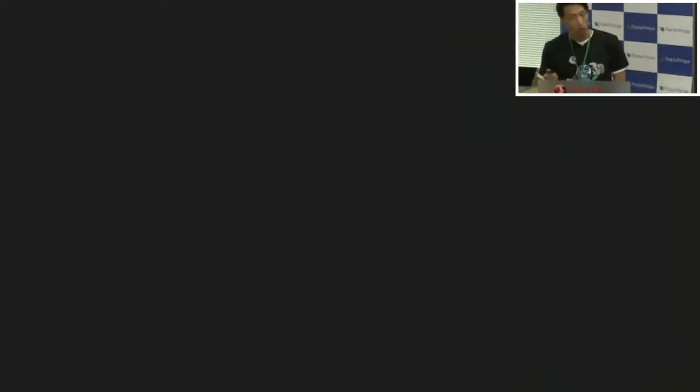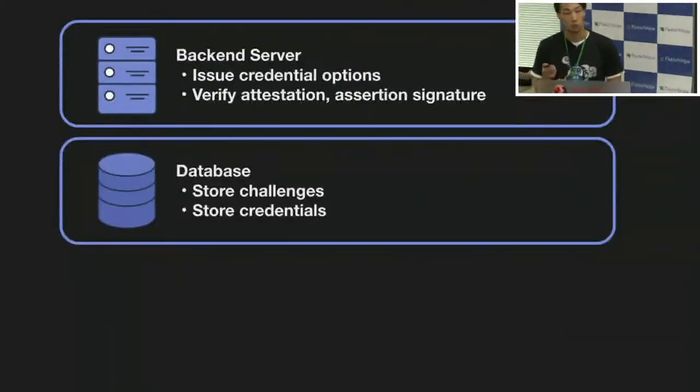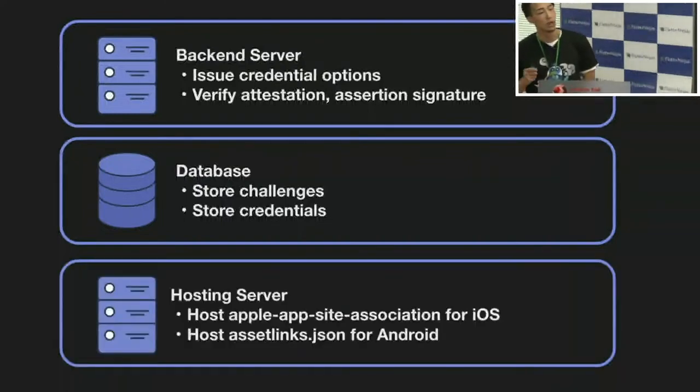To implement it, we need one backend server that would issue the credential options and also verify signatures, a database to store challenges and credentials, and also a hosting server to host association files.